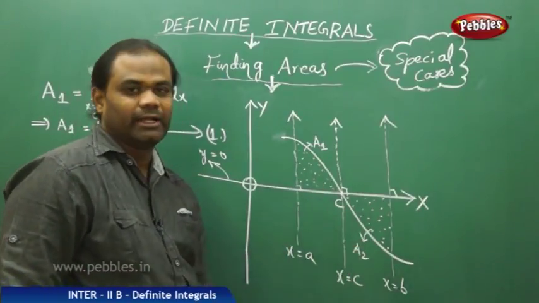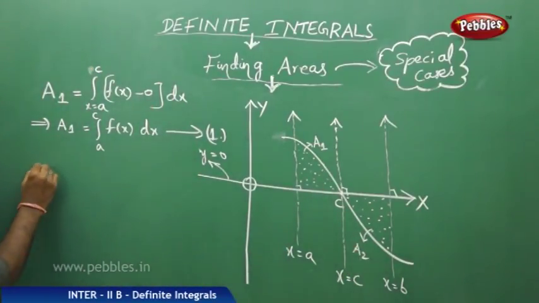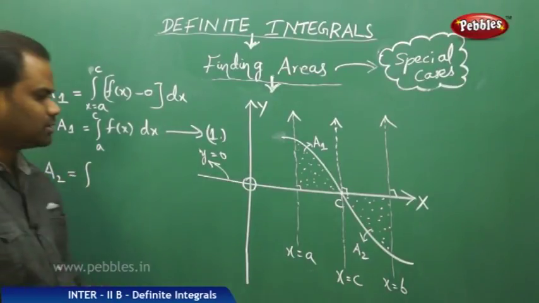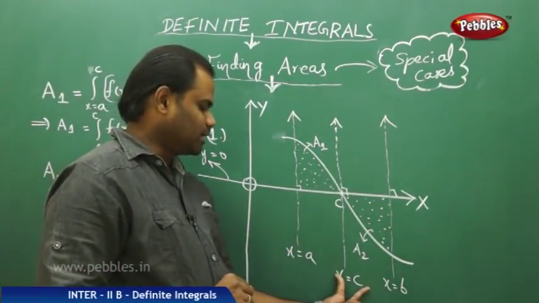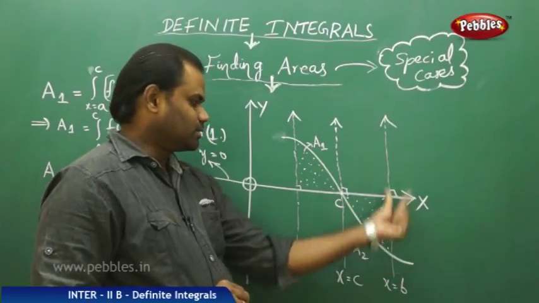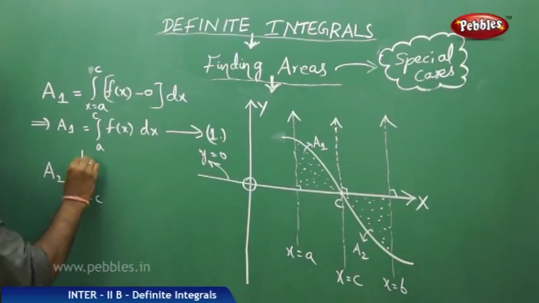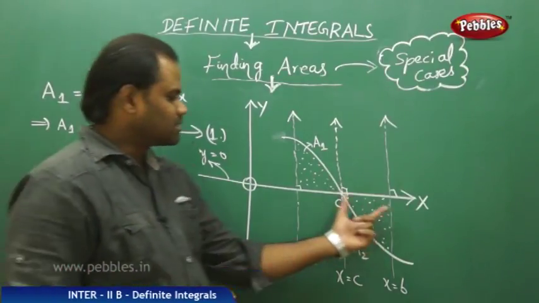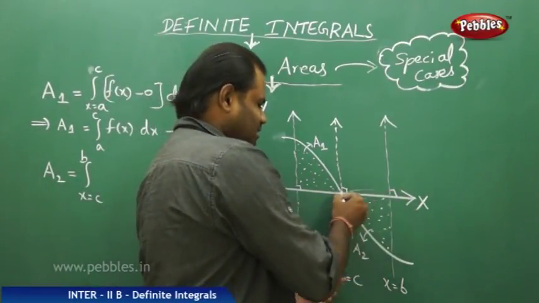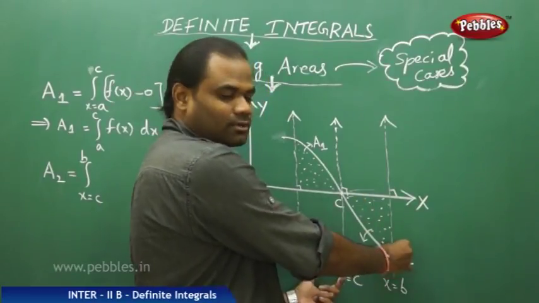Similarly, let's find area A2. Now A2 is nothing but the integral with lower limit x equals c and upper limit x equals b, so x equals c to b. In this case, the upper curve is the x-axis and the lower curve is y equals f of x.